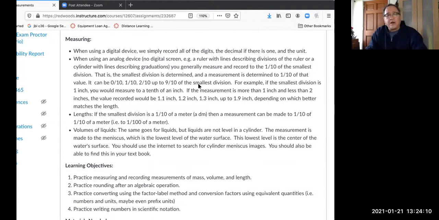What I'm writing here is how to measure things. Basically, I'm describing how you measure using a digital device and how you measure using an analog device. I'm going to switch screens here so that you can see a digital device versus an analog device. All right, so here's my camera.